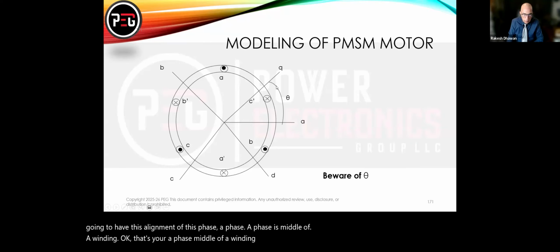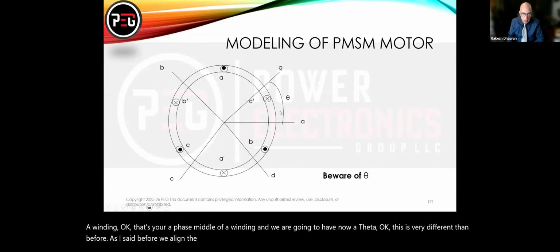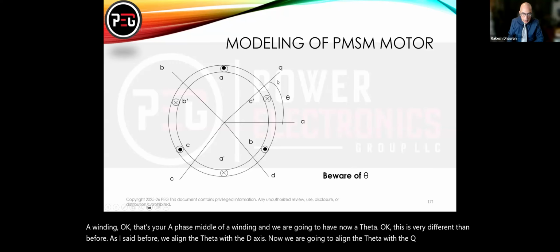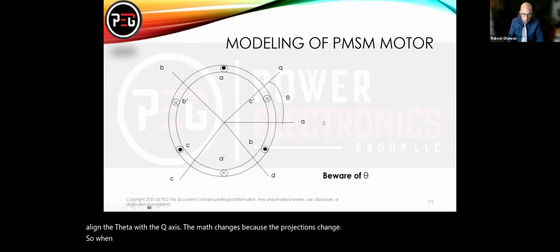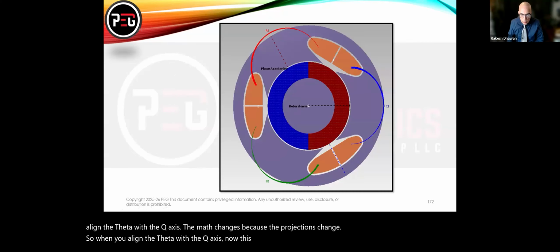And we are going to have now a theta. Okay, this is very different than before. As I said, before we aligned the theta with the D axis, now we're going to align the theta with the Q axis. Now we align the theta with the Q axis, the math changes because the projections change. So when you align the theta with the Q axis, now this is your actual motor.